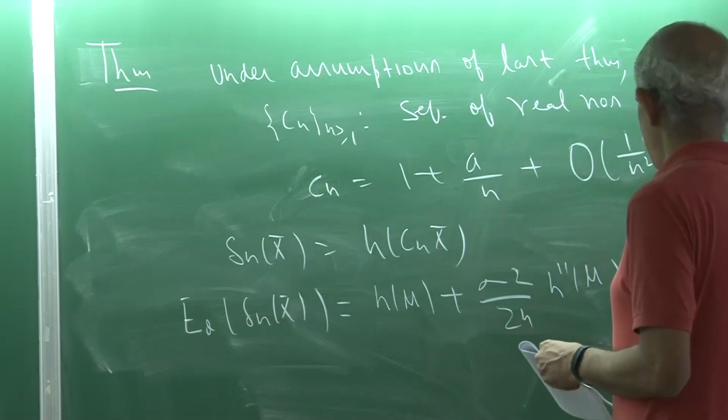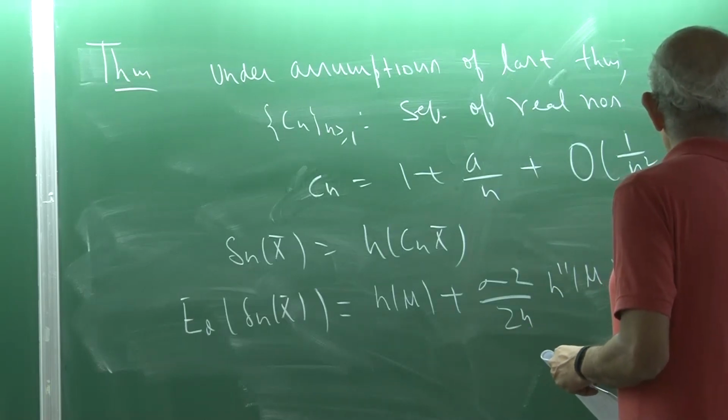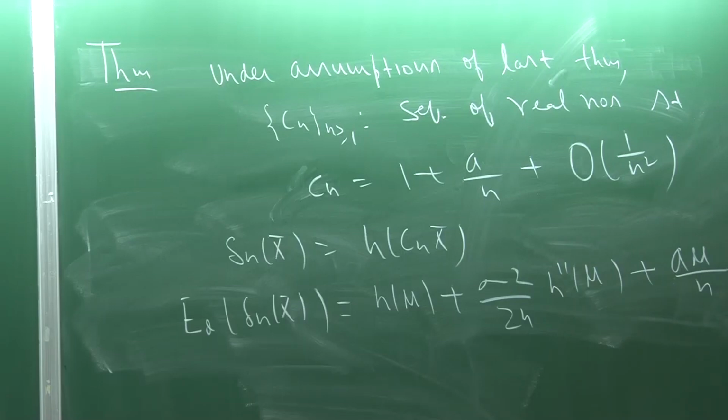So that is the same as plus a mu upon n h prime mu plus big O 1 upon n square. That is the expected value of delta n x bar.